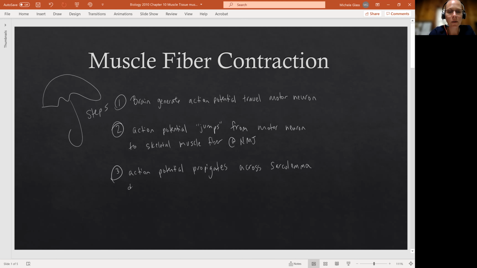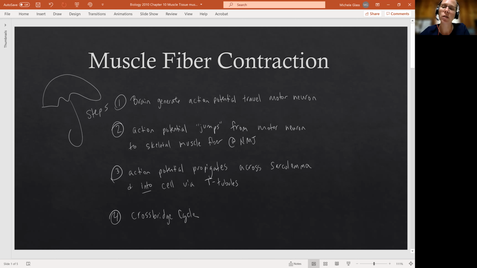And it's going to go into the cell, so into the middle of the cell, via those structures we called T tubules, or transverse tubules. And then the last big thing is what we're going to call the cross bridge cycle. So we're going to see, of course, that skeletal muscle contraction is under the control of the nervous system. So that's our starting point.